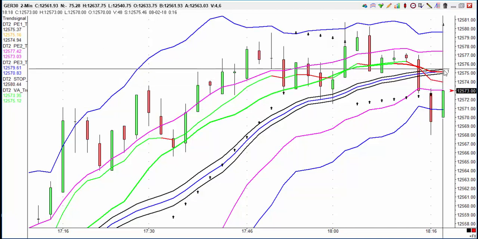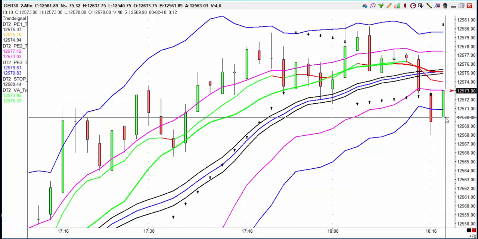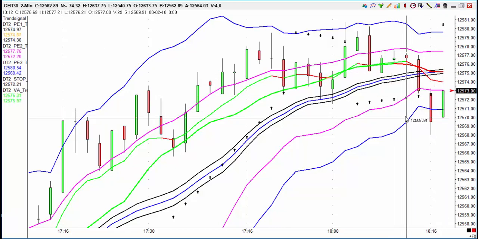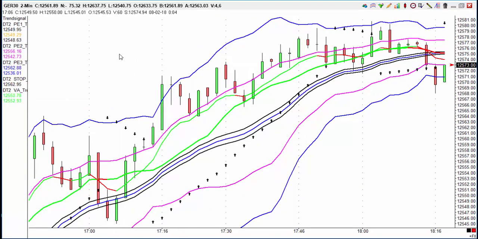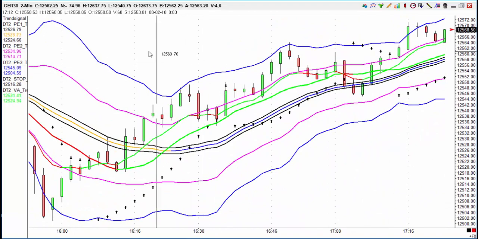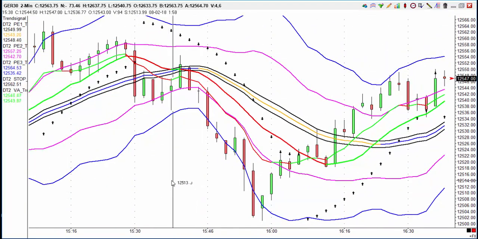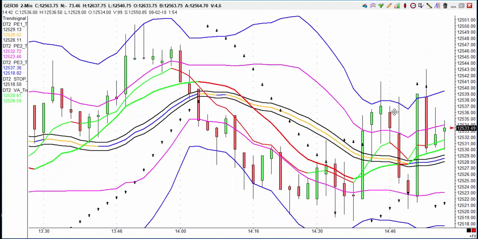Vector averages are red, candle's open below, and it's open below the inner band, and so we would have been out at that point if we were still in it. But in reality, we would have probably been out prior to that. Let's come back a bit further, see what other ones we've got. Here's another one.